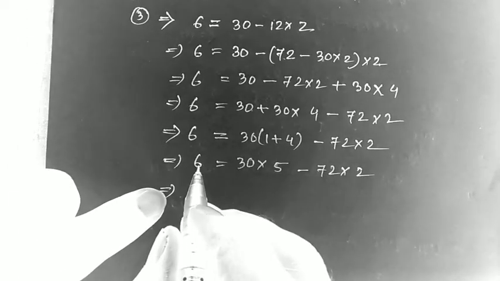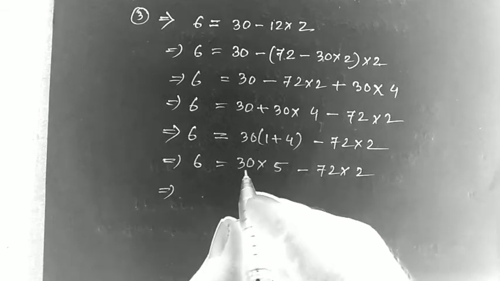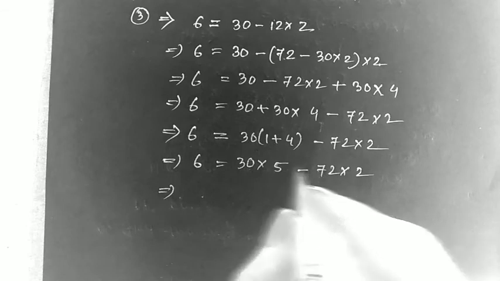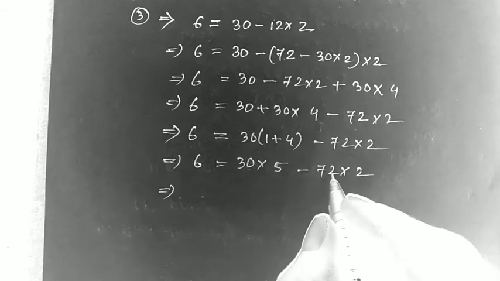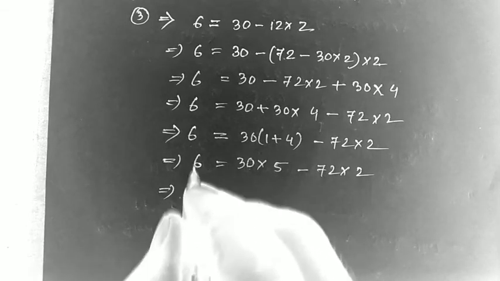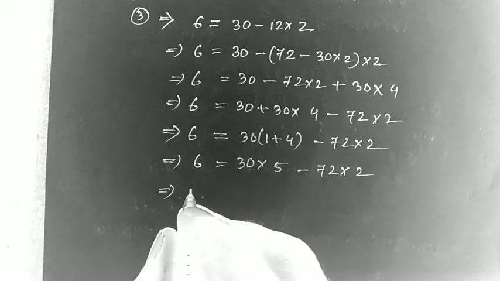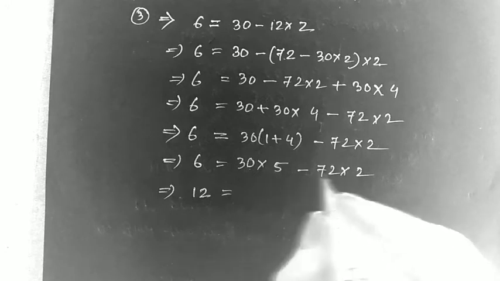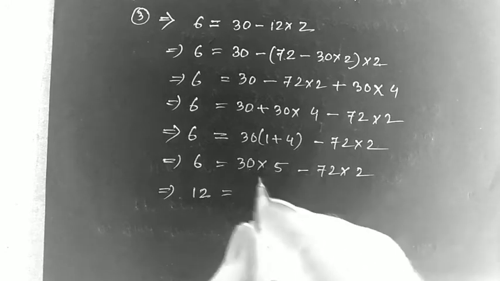Now write this 6 together: 30, 72 into 2, and minus, plus. Since in the equation we have 30 and 72, this 2 will be multiplied with this 2, not with 30, because we need 30 here. So 30 into 4.